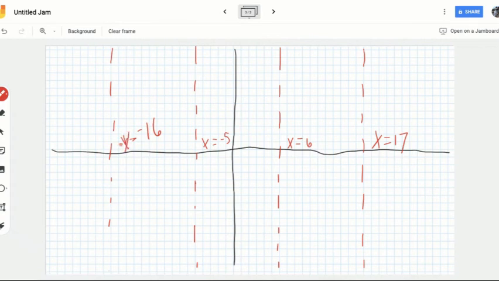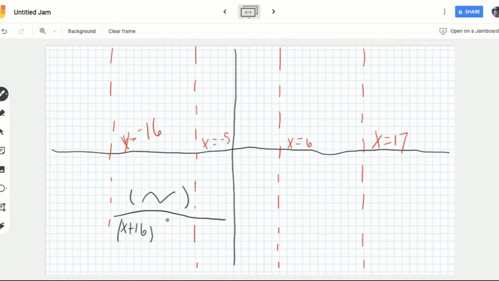So when we have to go the opposite way, when you're given a graph and you're given the vertical asymptotes, you have to go back and make the equation. Well, what does that look like? There'll be something on top. Whatever this is, there's something on top. Then on the bottom, I have x equals -16, so I'm going to say this is x plus 16.